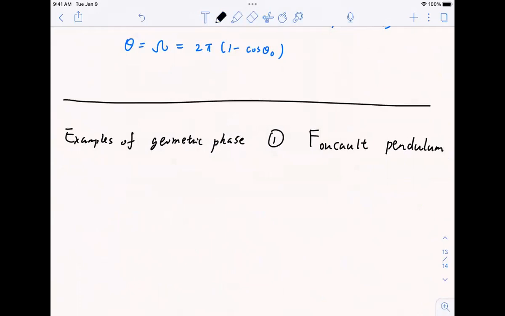So example 2 is on the electron spin and a rotating B field.